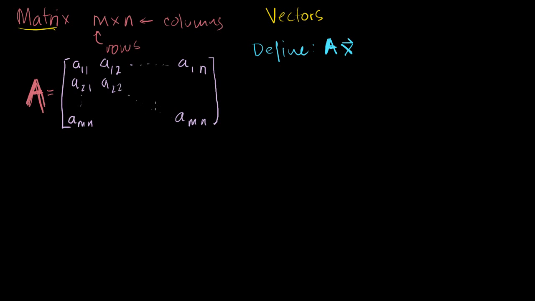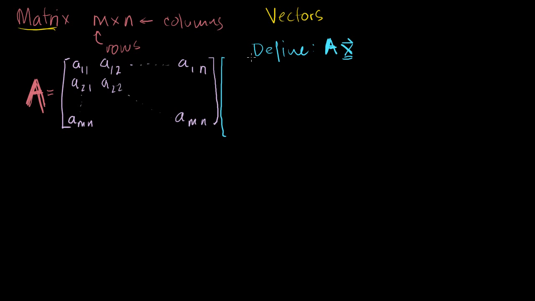And our definition will only work, is only defined, if the vector we're multiplying A by has the same number of components as A has columns.